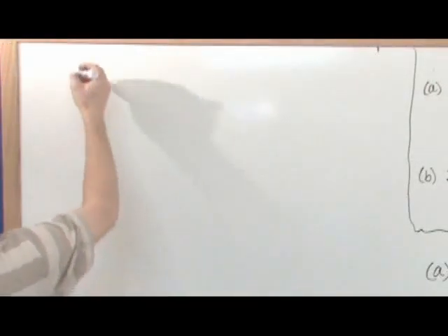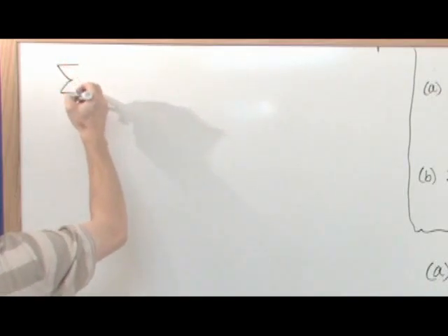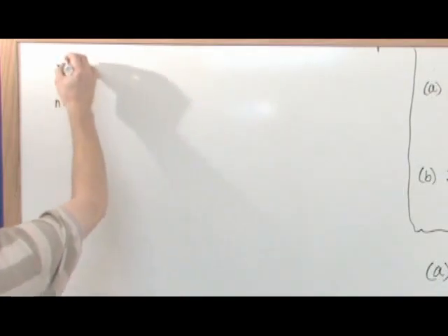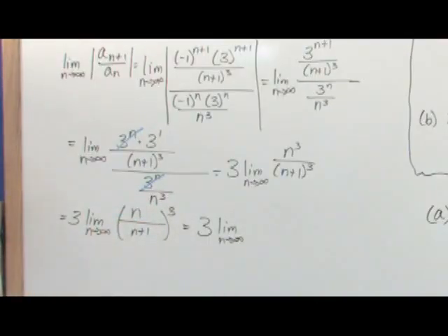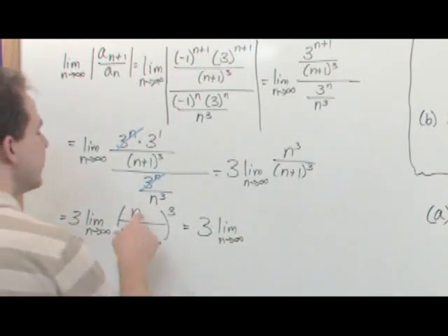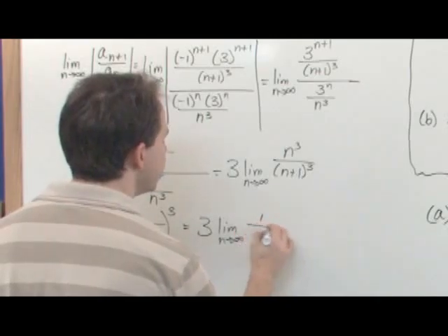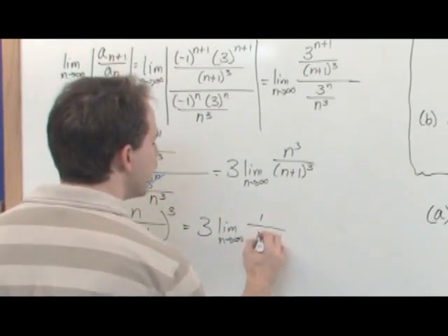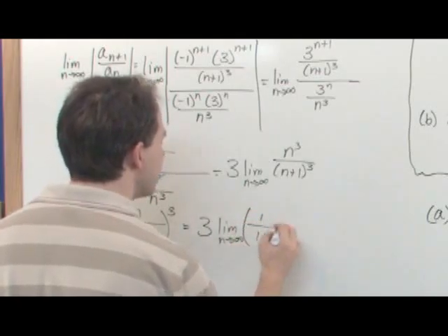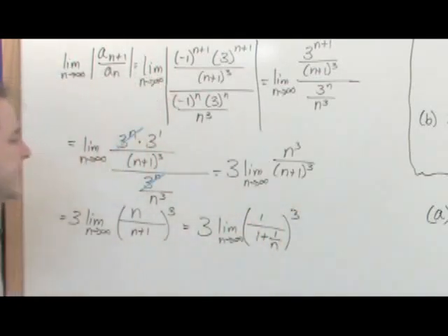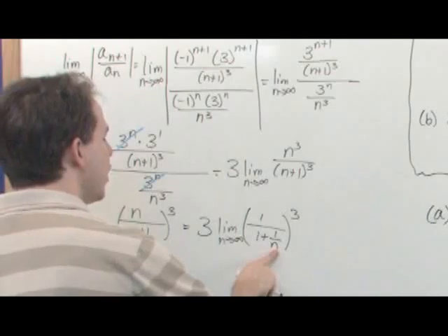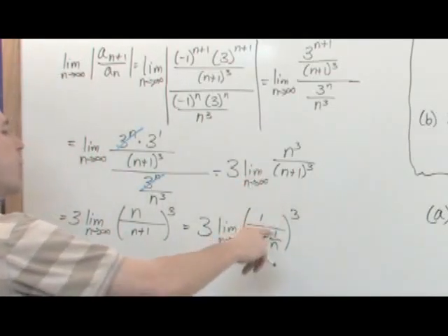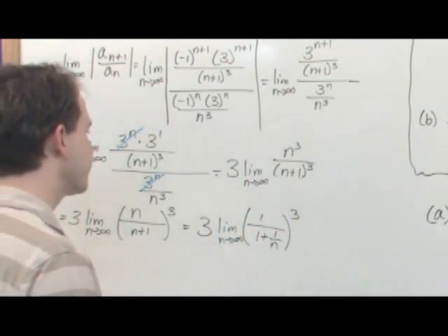Okay, so the first series is, what if I had the series from n equals 1, divide the fraction's top and the fraction's bottom by anything I want, as long as I do it to the top and the bottom both. So n divided by n is 1, and dividing the bottom by n, I will have 1 plus 1 over n, and all of this stuff is cubed. Now you see why I did that. Because now this term, as you go to infinity, is going to drop away. 1 over infinity is going to give you 0, okay?